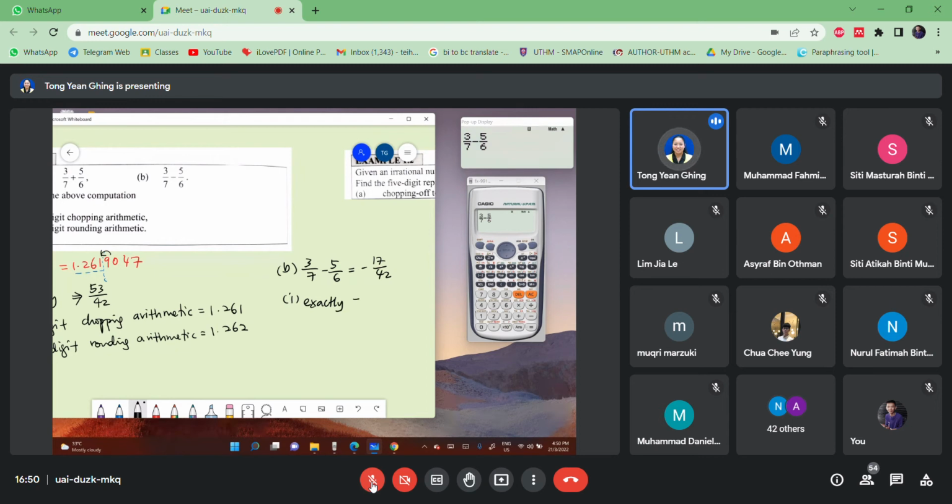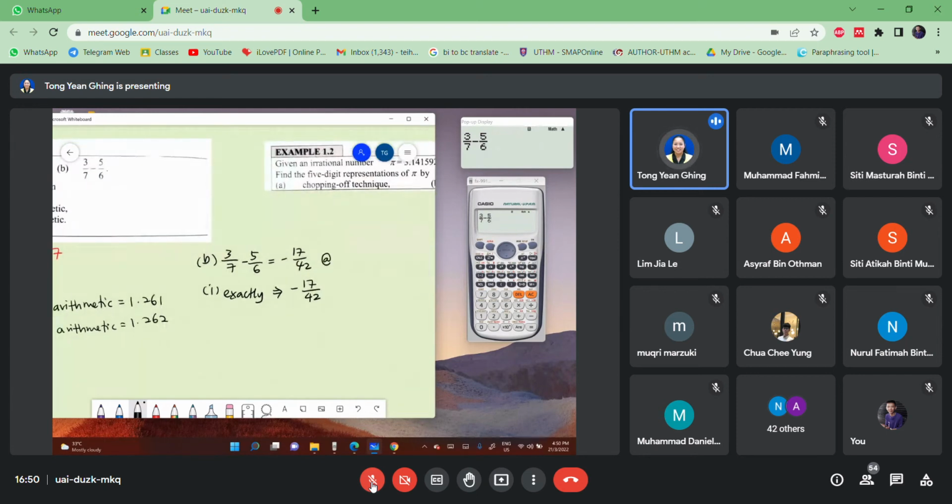This is the exact value. We get negative 17/42. So, kalau dalam perpuluhan, in decimal places, what do you get?